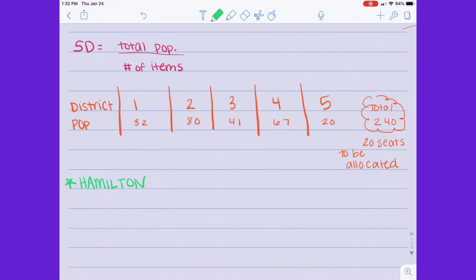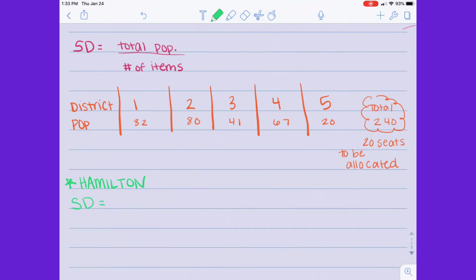Now I'm not going to write all of the steps, but I'm going to clearly state the steps so that hopefully it will be easy for you to make steps if that's easier for you, okay? Step 1 is to find the standard divisor.